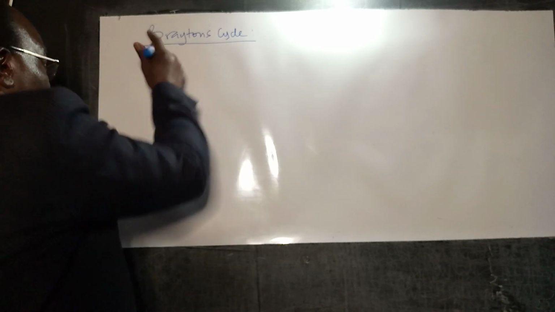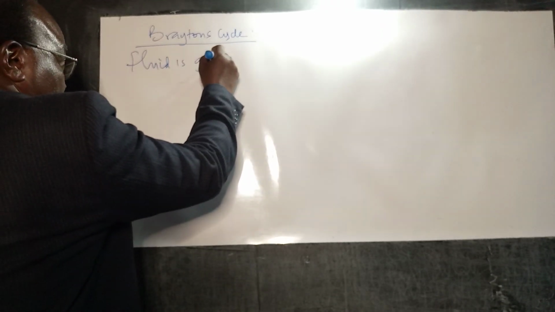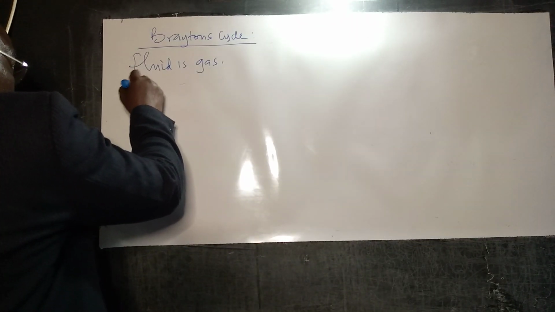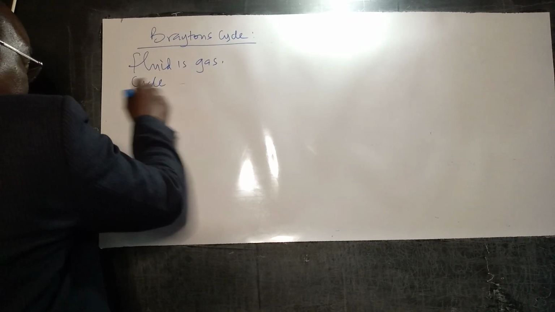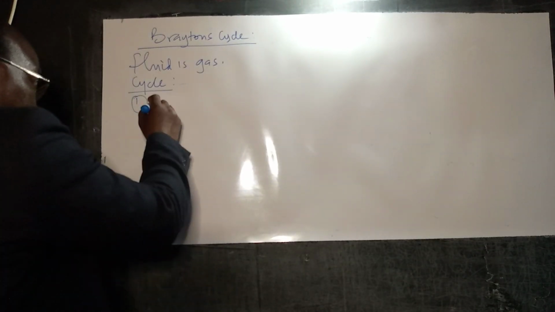So here the fluid is gas, and it has 4 steps, basically. In the cycle, we have 4 steps. One, we have adiabatic compression.